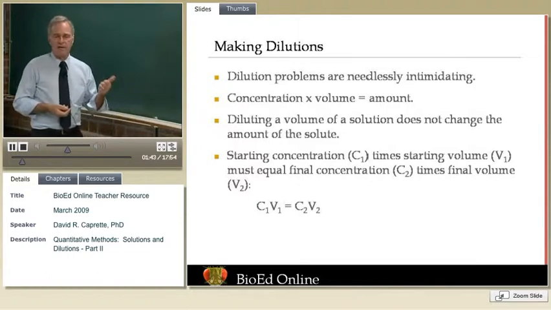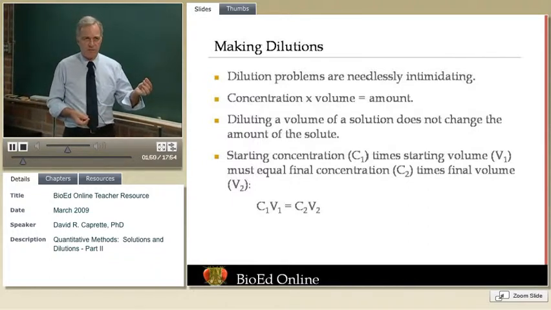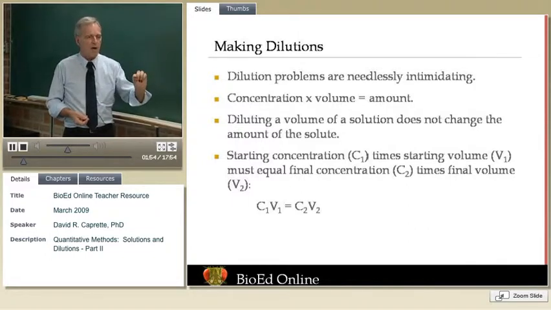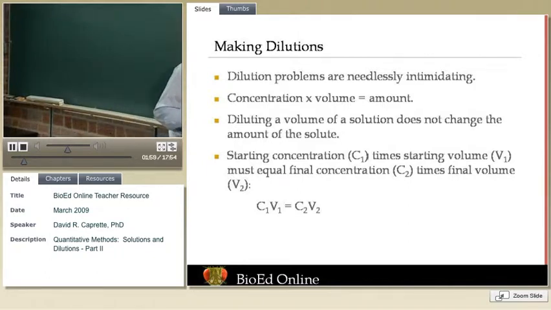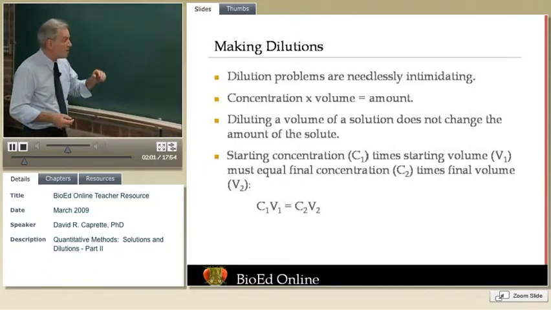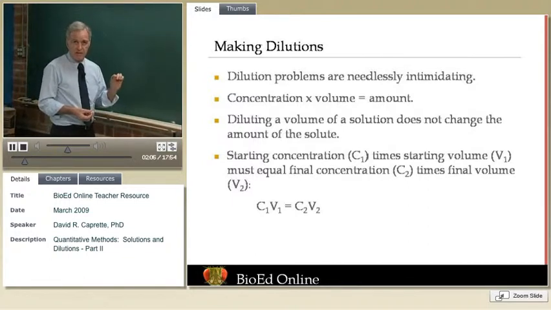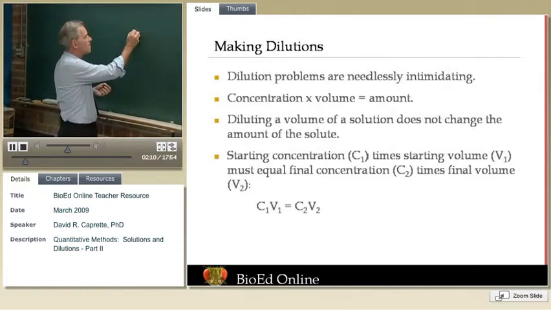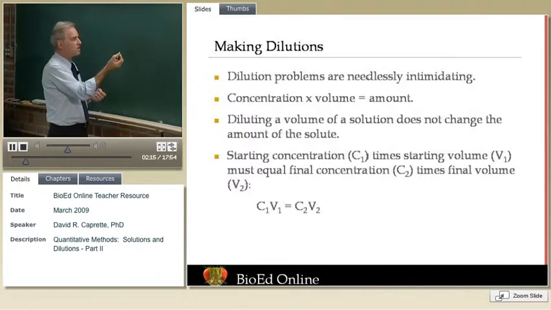Now, first of all, if we define the objective, we're in good shape. Let's suppose we're going to do the first one. We want to take a known volume of stock solution and dilute it to some known final concentration. What we know, as a common frame of reference, is that the amount of substance in our known volume of starting material is the concentration times its volume.